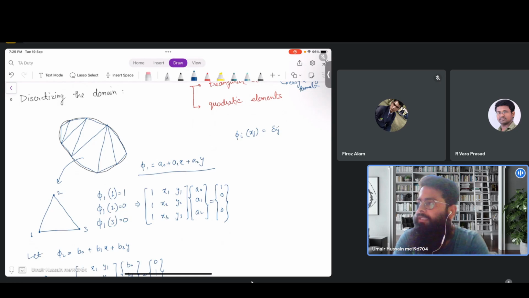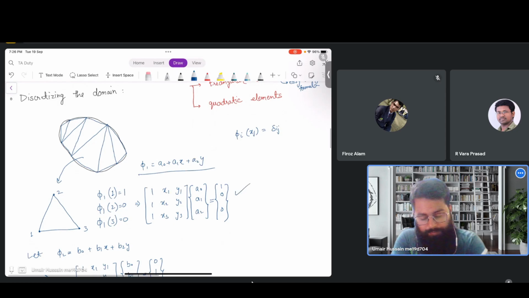Firstly, we are considering only a linear type of approximation function, and secondly, since we know the coordinates of three nodes, we should have only three unknowns here: a0, a1, a2. So if we substitute the coordinate values in this function, we'll get these three equations here.